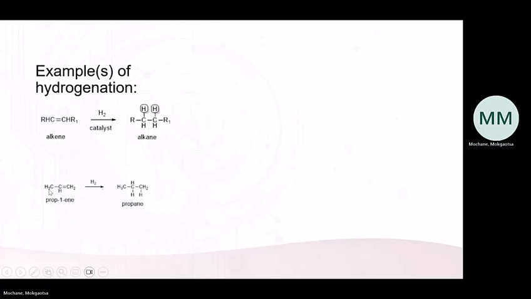Now, when you apply the addition reaction of hydrogen to this particular propene, that reaction will form propane. Propane, remember, belongs to the alkanes, meaning that you broke that double bond into two sigma bonds, and then they can accommodate those two hydrogens, and there is your product, an alkane.